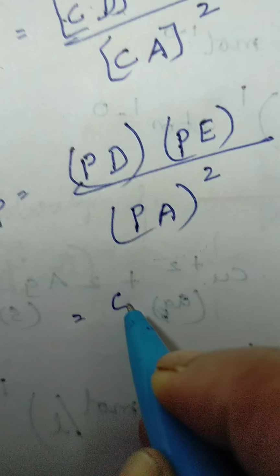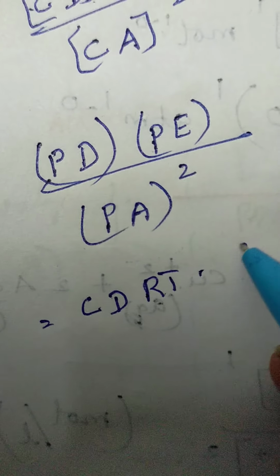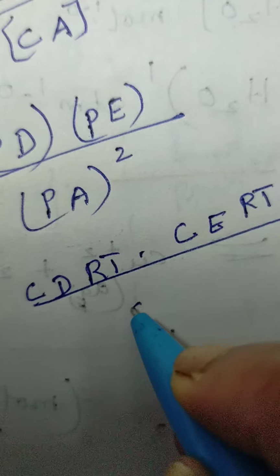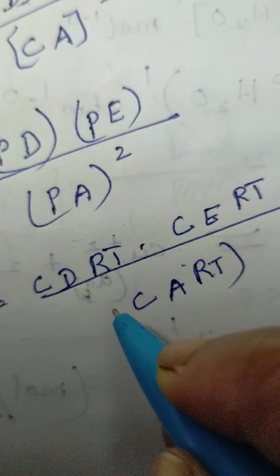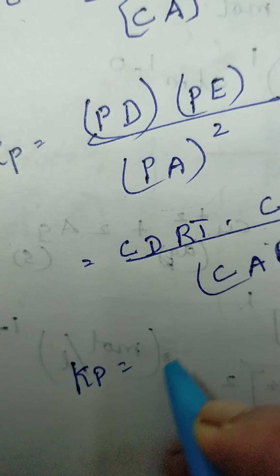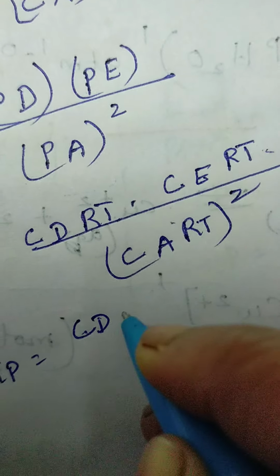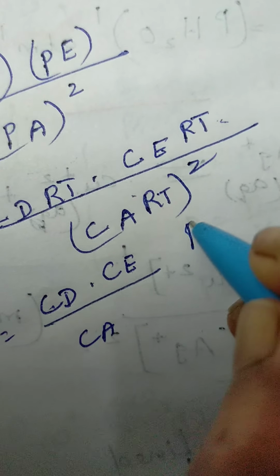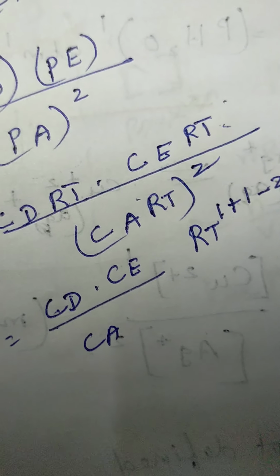So Kp is equal to C_D RT times C_E RT divided by (C_A RT) squared, because the coefficient is 2. Now take all the RT outside: C_D C_E by C_A squared, and RT to the power 1 plus 1, and minus 2.